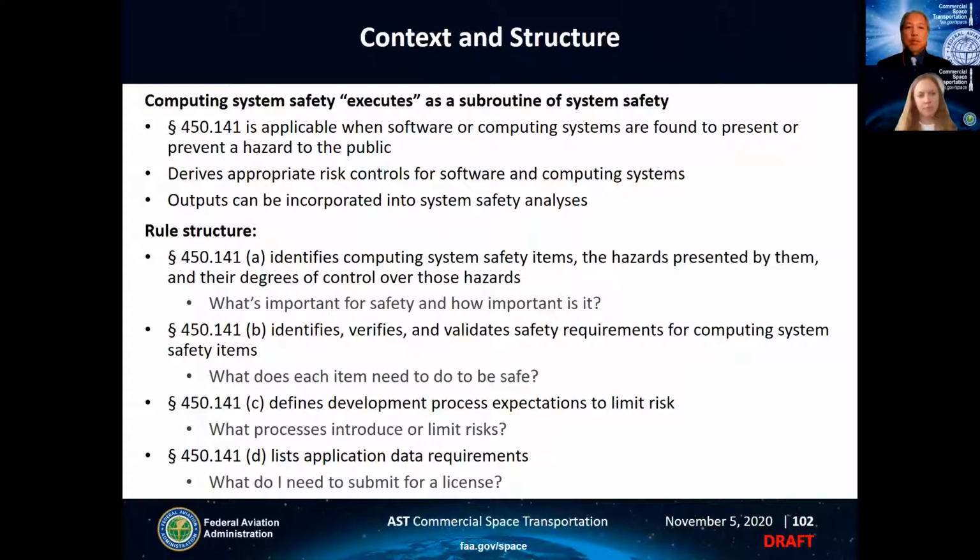This subroutine then derives appropriate risk controls for those computing systems and then produces outputs that can be incorporated back into the main system safety analyses. The rule is structured to answer 4 key questions. What's important for safety and how important is it, with the identification of computing system safety items and assessment of their level of criticality, degree of control in Part A.